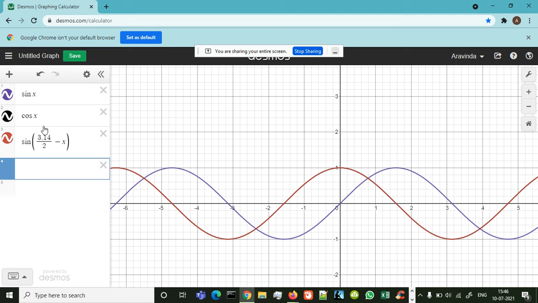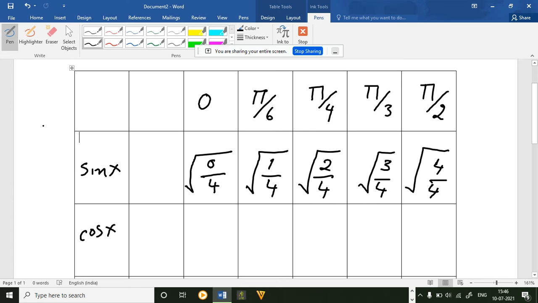So sin x is nothing but cos of pi by 2 minus x, and cos x is nothing but sin of pi by 2 minus x. So it's an inverse kind of relationship. Now that you know this relationship, let me go back to the values table. We'll just populate cos x in the reverse way.